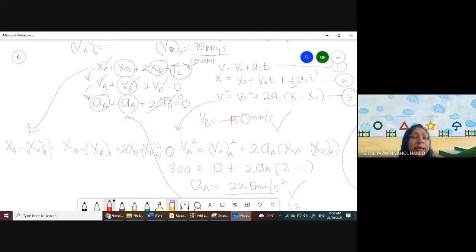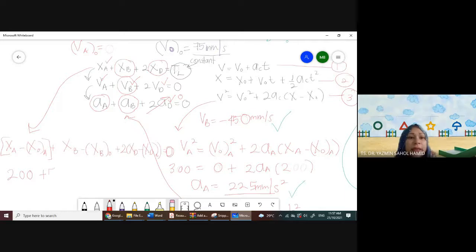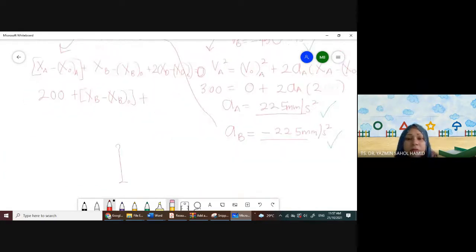So what is our XA minus XA naught? This one is 200, right? Yes. And then XB you want to find. And then what is XD? XD, which you found earlier, is 100, correct? 100.